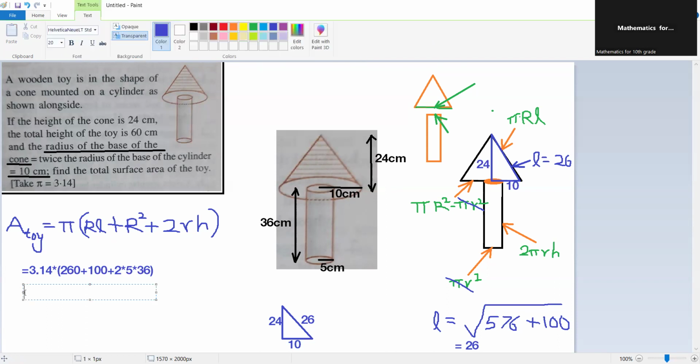So this is equal to 3.14 into 260 plus 100, which is 360, plus 2 fives are 10, 10 into 36 is 360.